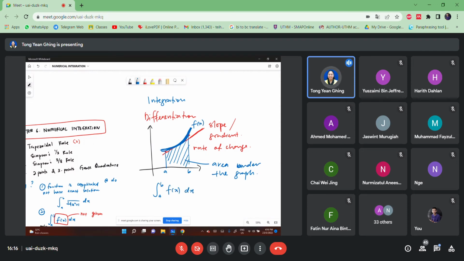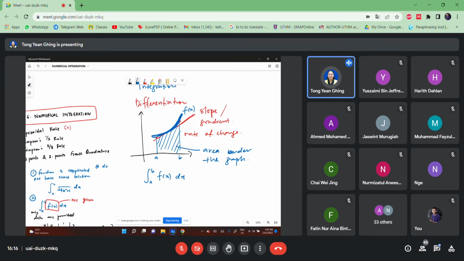From this area, for sure we can find the volume. If we have another dimension, maybe a length or a depth, you can find the volume of these particular problems. So you can find the area or even the volume.